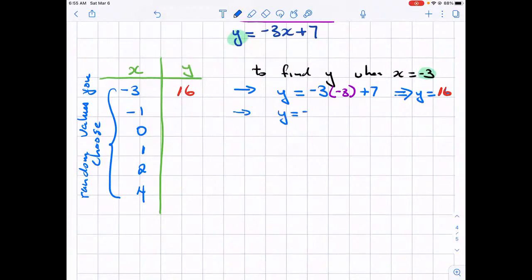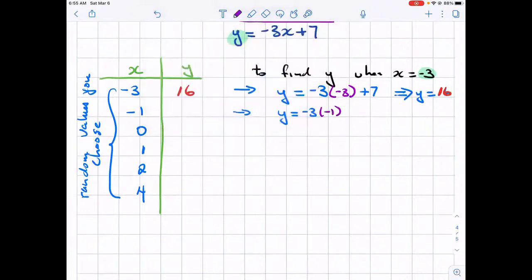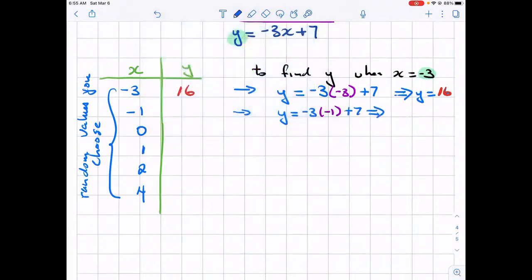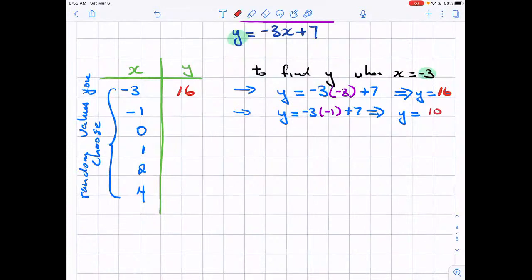So y is equal to -3x plus 7. Now I'm going to plug in -1. If I simplify this, this becomes 3 plus 7, which is 10. So we have y is equal to 10. We put a 10 here. And you can do this for all of the numbers. Now we'll plug in when x is 0.